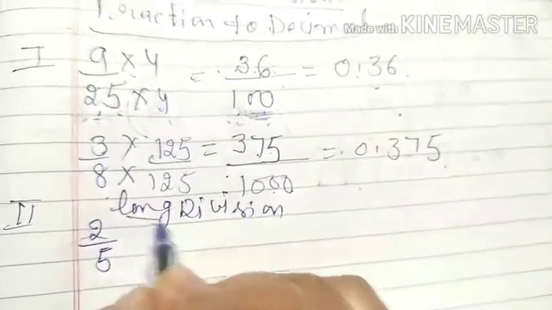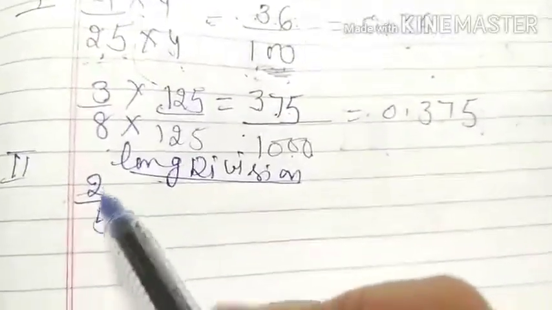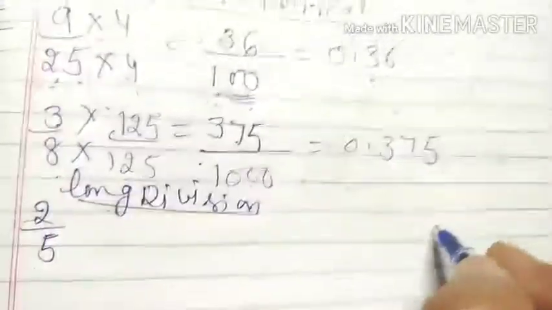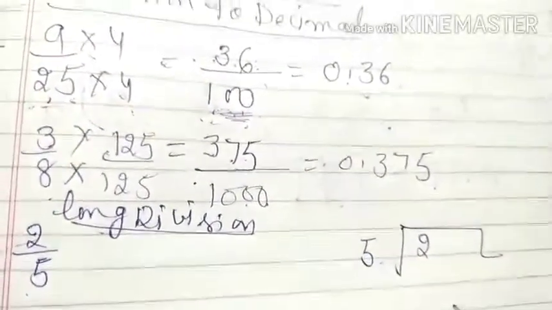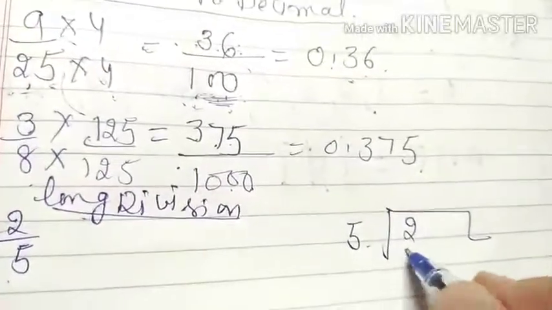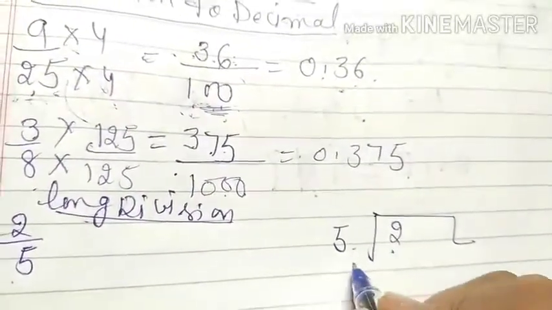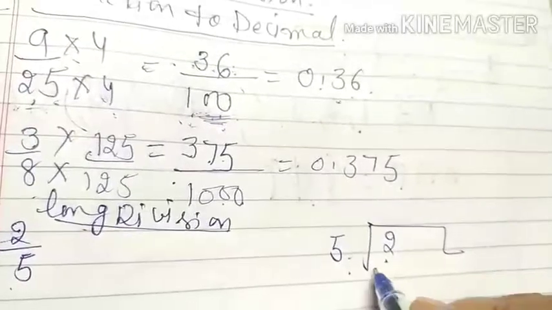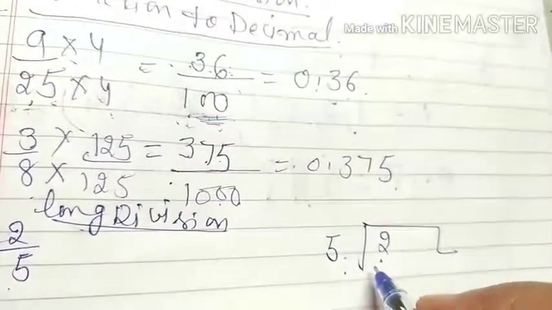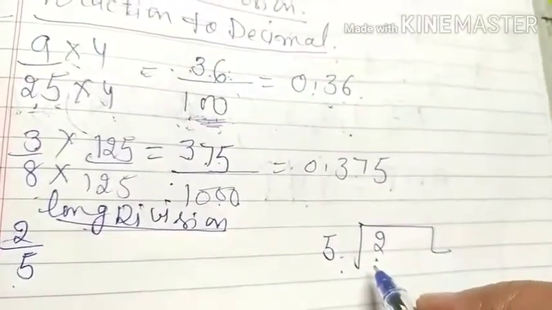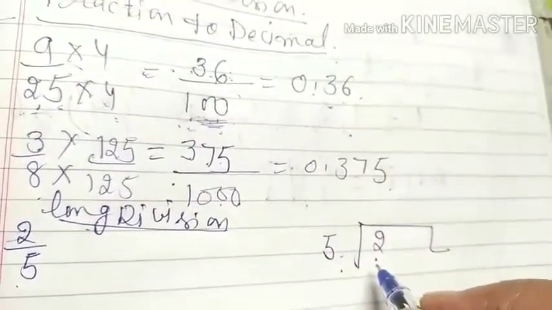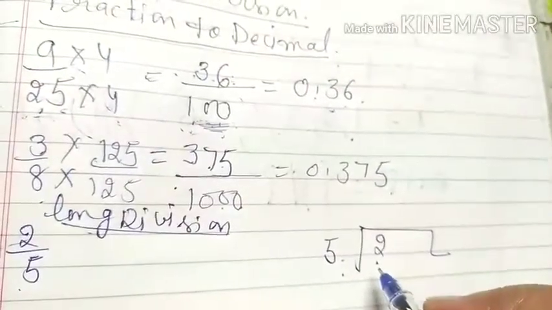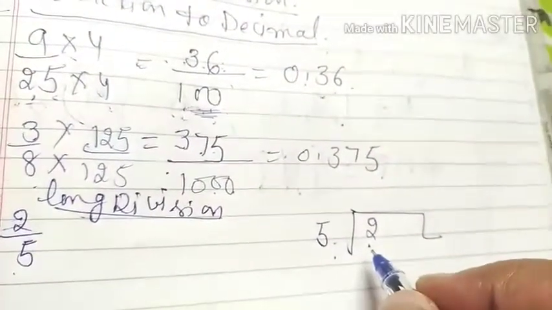Long division method. So how will I do the long division method? If I have the question 2 by 5, it means I have to divide 2 by 5. So here the number 2 is smaller than the divisor. In this case, divide the numerator by the denominator till a remainder of zero is left. Put a decimal point in the dividend.